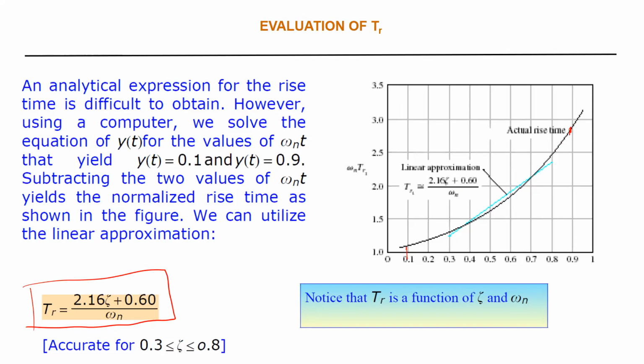So look, if you want to design a system, you have to specify two quantities: overshoot and settling time, or overshoot and rise time, or rise time and settling time, because you need zeta and you need omega n. So you need two parameters.